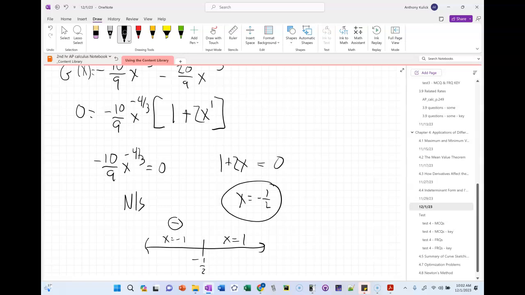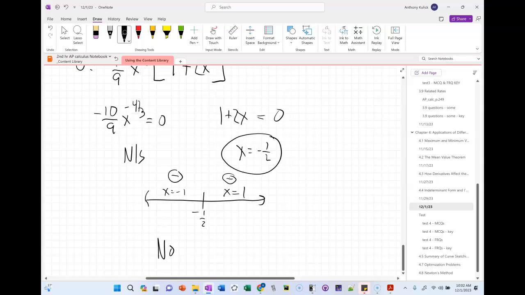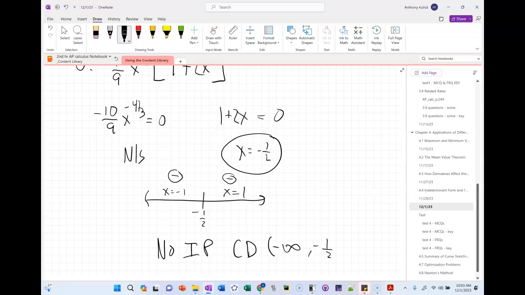If I do +1, that's a negative, positive, positive, so that's also negative. So there is no inflection point. And we are concave down from -infinity to -1/2, and then from -1/2 to +infinity.